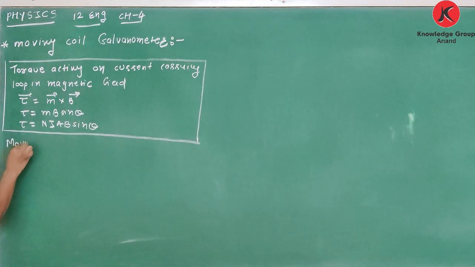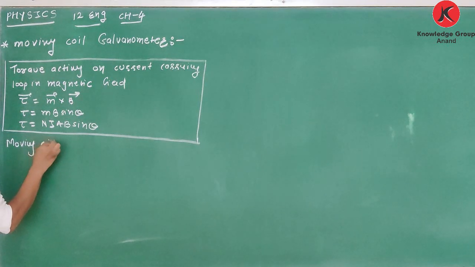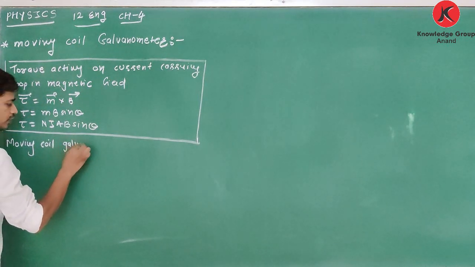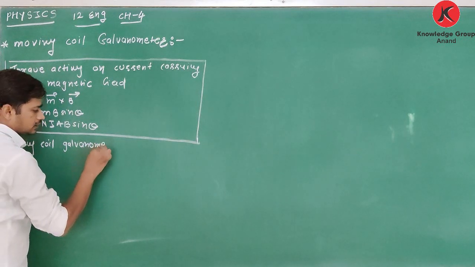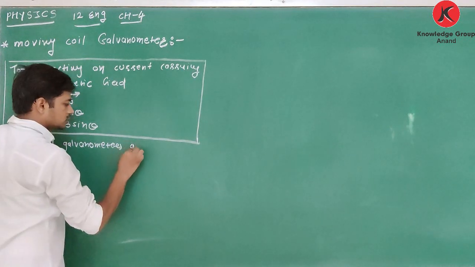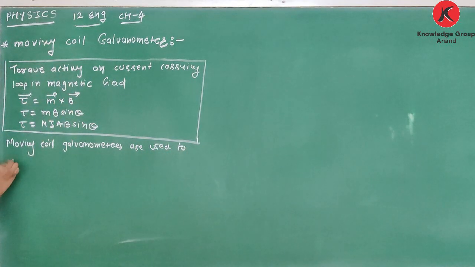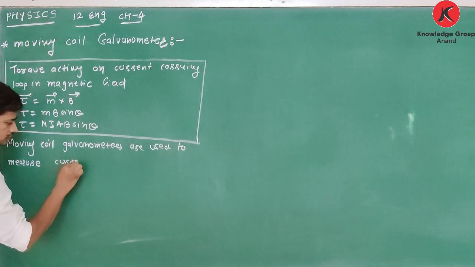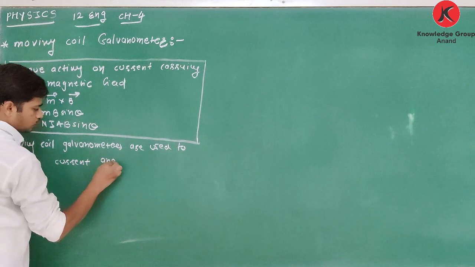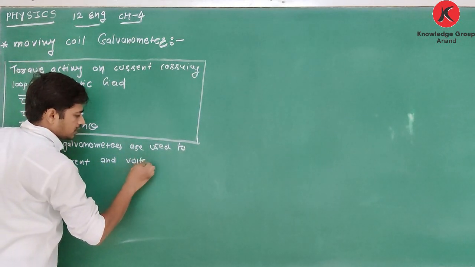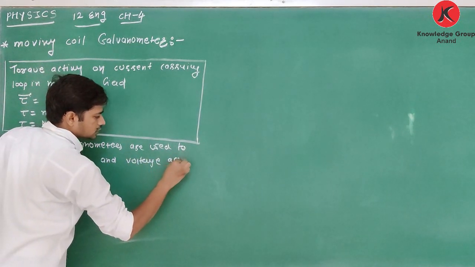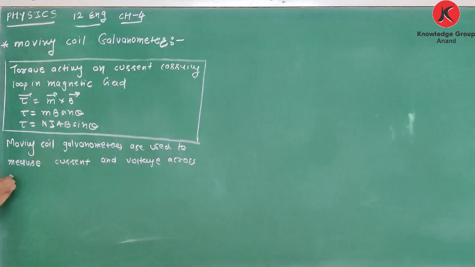Moving coil galvanometers are used to measure current and voltage across a given loop. Clear about this?